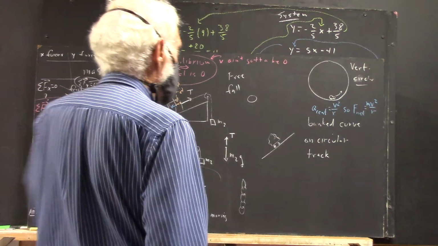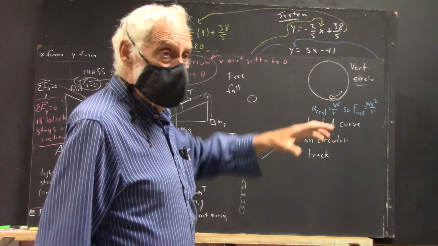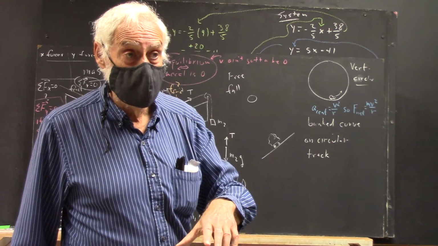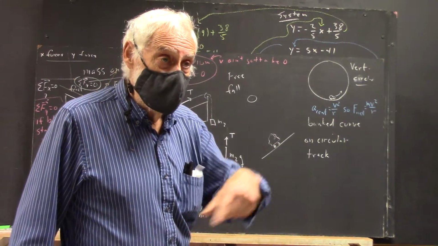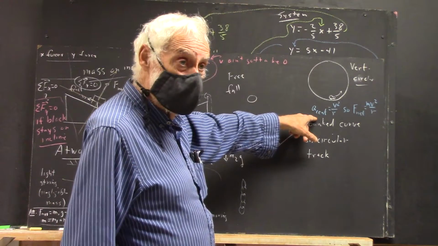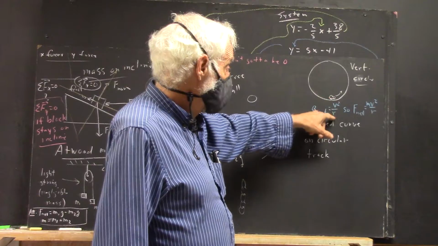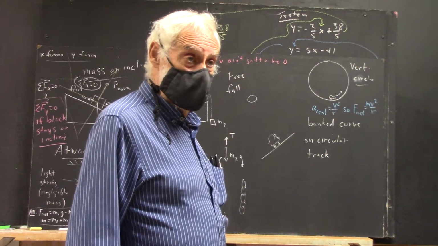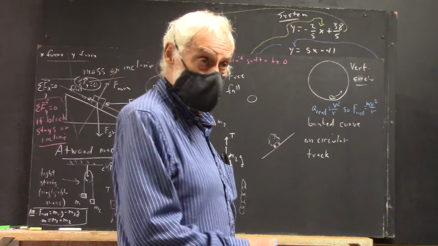Okay, so in the case of the vertical circle, or in the case of the banked curve in a circular track, you're moving in a circular path. If you're moving at velocity v in a circular path, then your acceleration is centripetal, toward the center, and has magnitude v squared over r. So acceleration is v squared over r toward the center.